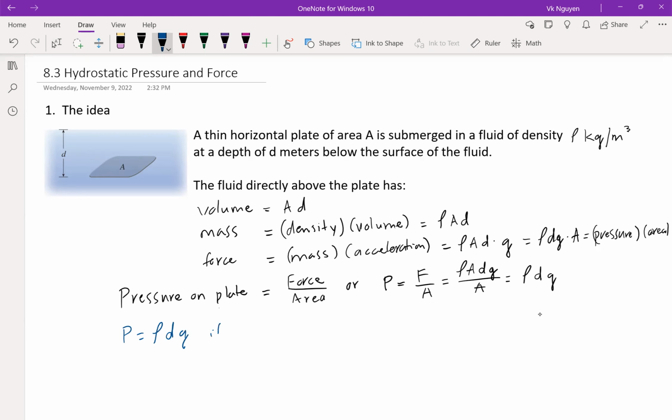If we are using mass density, and the pressure would be delta times d if we are using weight density.